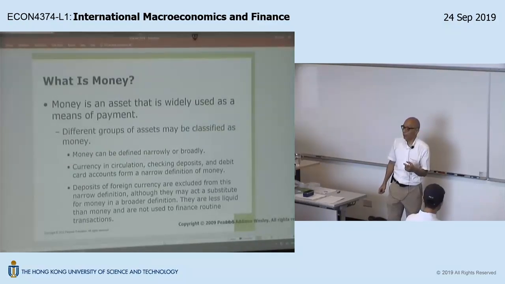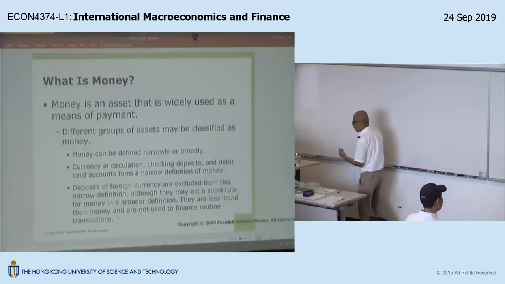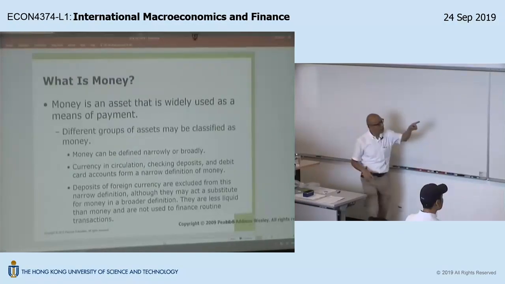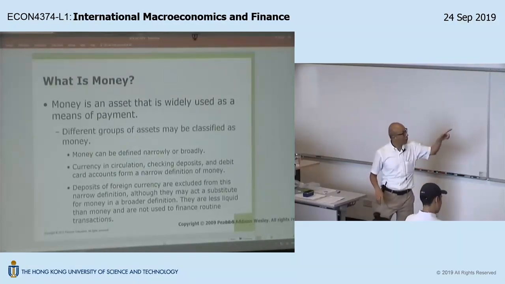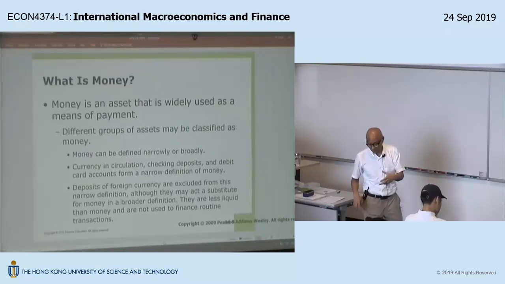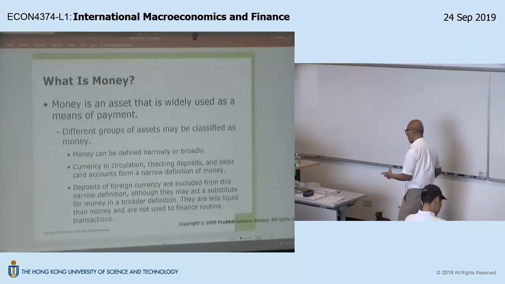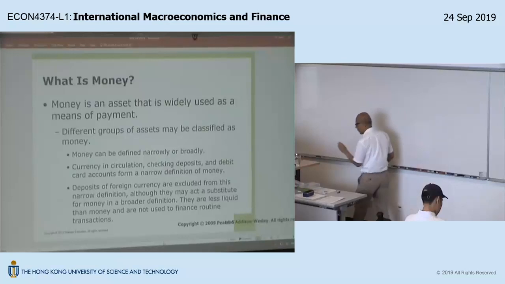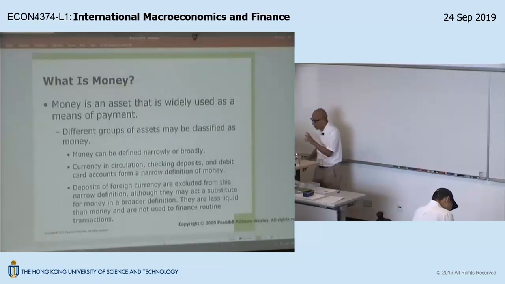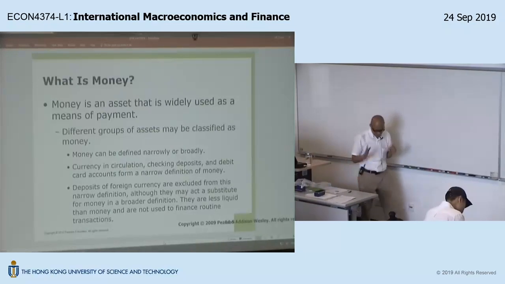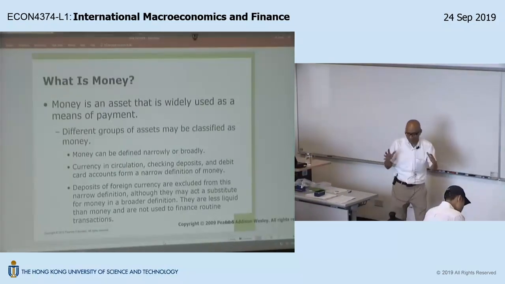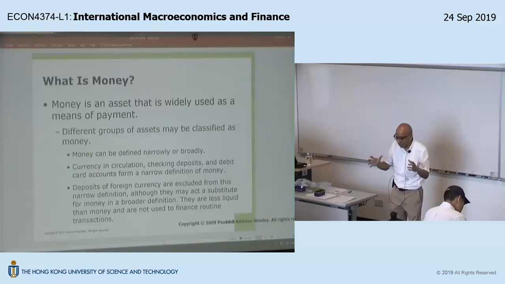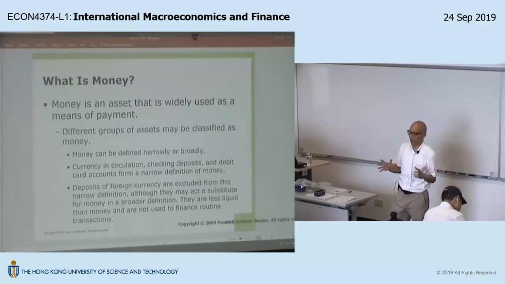So what is M1? Well, M1 is basically the currency, the checking deposits, and the savings account. Actually, I believe that savings account should be in M1. I cannot remember exactly. But all these most liquid forms are M1, okay?